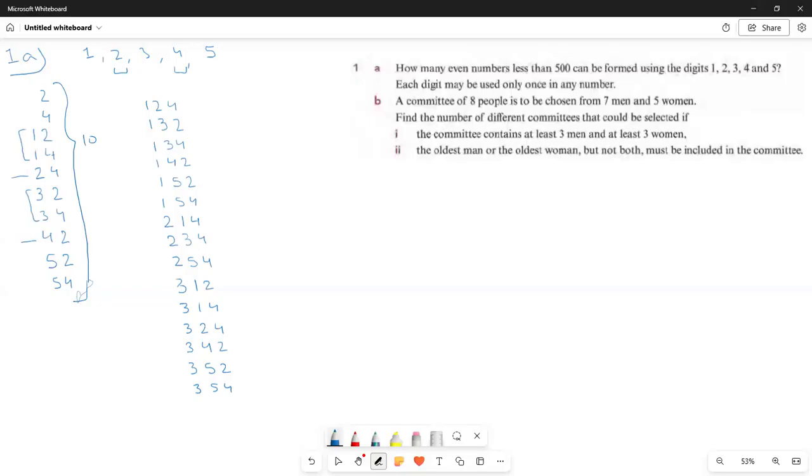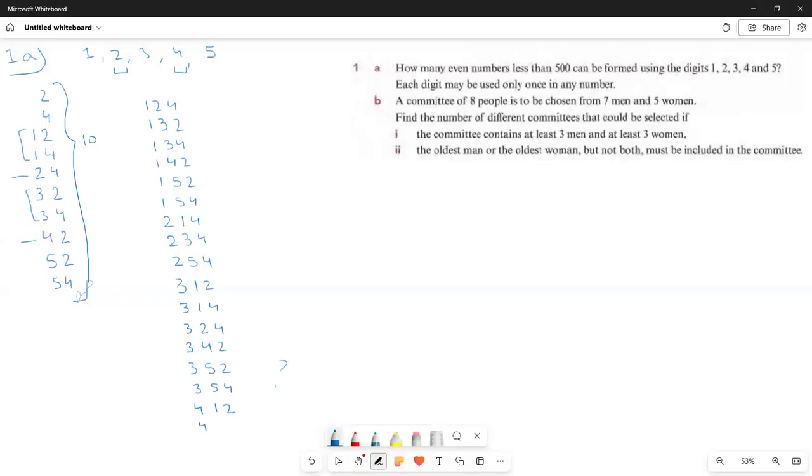Okay. And next would be, I cannot go beyond this number, so I have to switch this 3. So this will become 4. So 4, 1, 2, this is the smallest number.